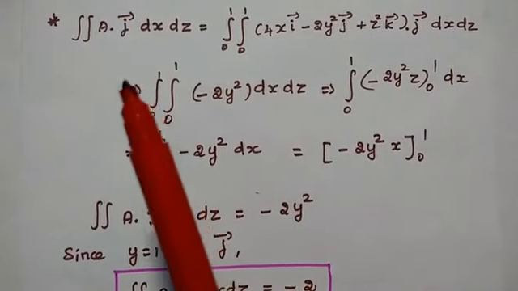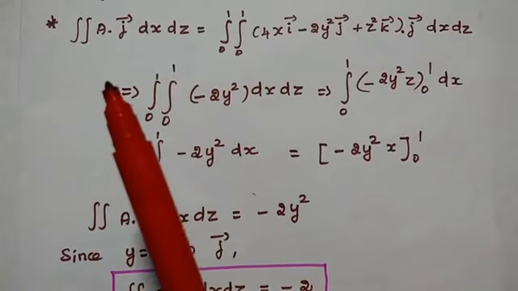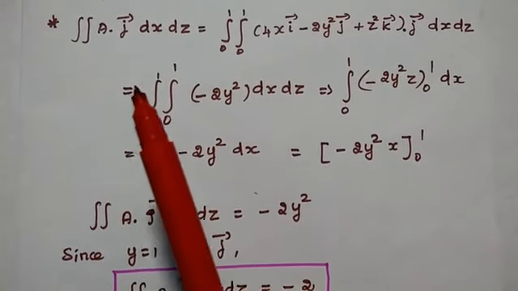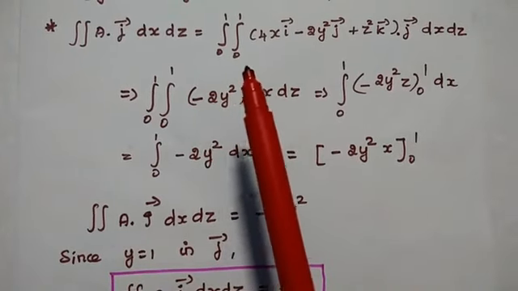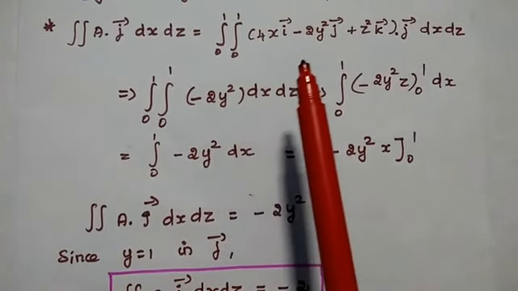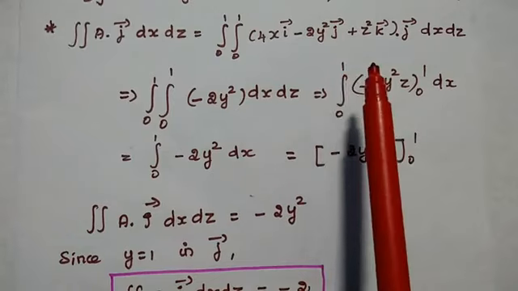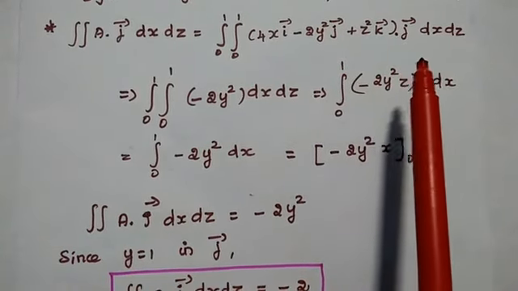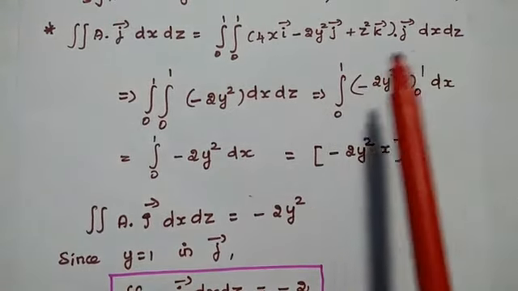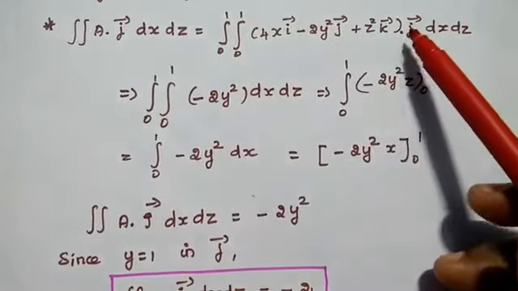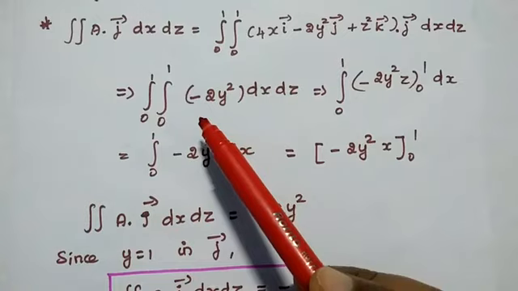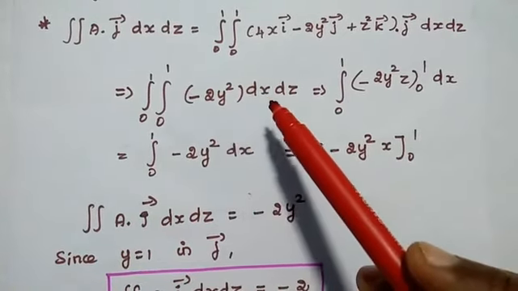Next consider the j normal component. So here it is surface integral of a dot j vector dx dz is equal to double integral of 4x i minus 2y square j plus z square k vector dot j vector dx dz. So here we are having the value only for this j vector because j dot j is equal to 1. So that is minus 2y square.